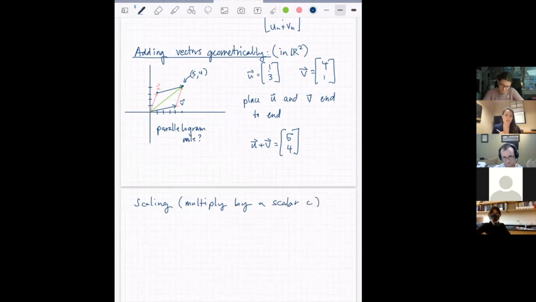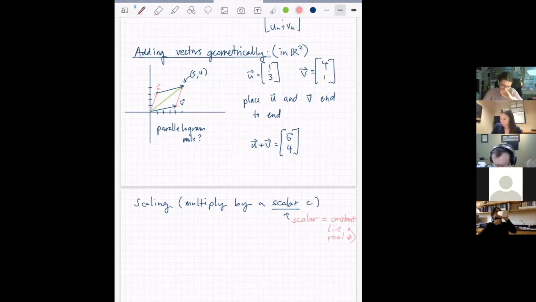So we'll start using this term scalar, and really this is just a constant, right? Scalar just means constant, i.e. a real number, right? So the reason it's called a scalar is because we think of it as scaling vectors, right?